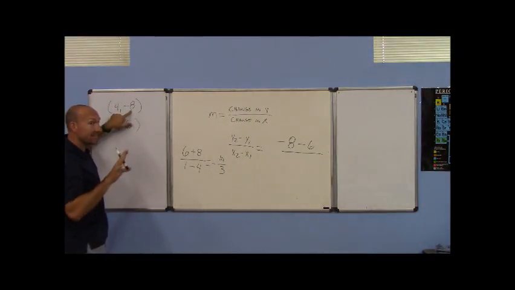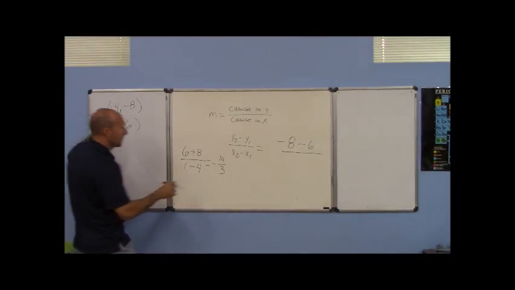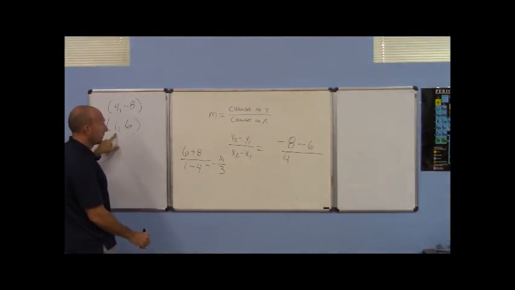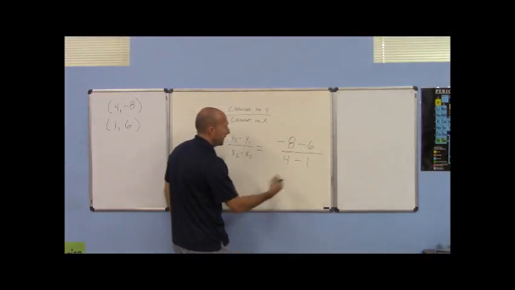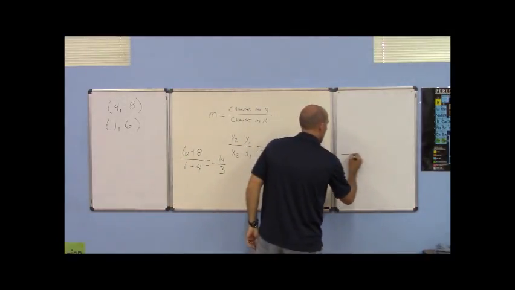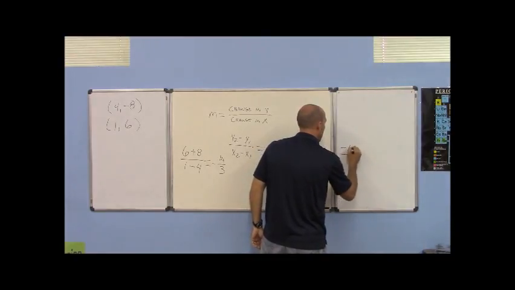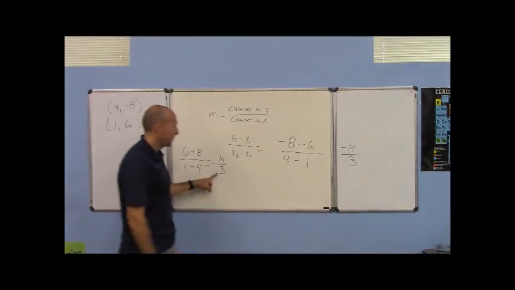Now we have to stay consistent. So since we started with negative 8, we have to start with 4 minus 1 for the x. That gives us negative 14 over 3. Well, that's what we had before.